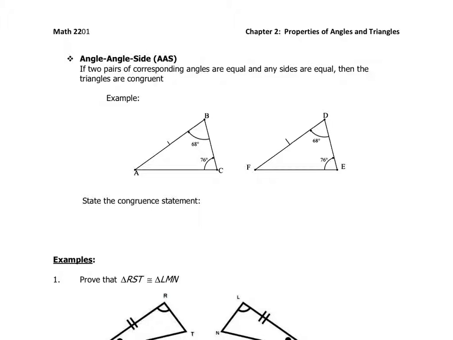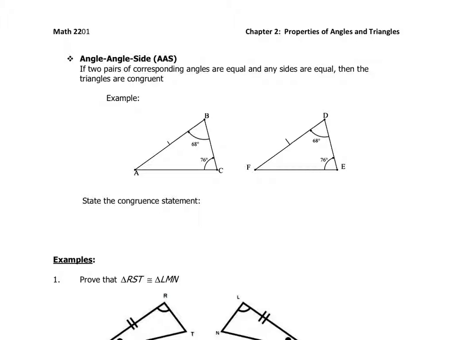And this one, there's two angles and a side following it. Basically, the side is not in between the two angles. So if those pieces of information match up, for example in the triangles that we have shown here, you have angle B matching up with angle D, 68 degrees. You have angle C matching up with angle E, which is 76 degrees.